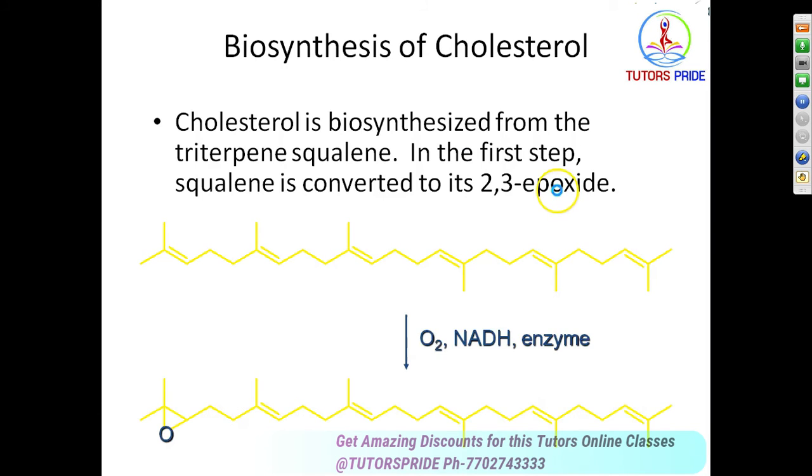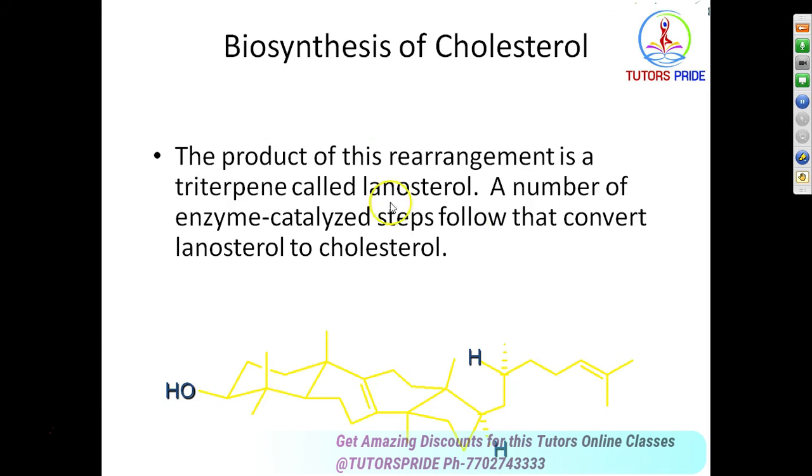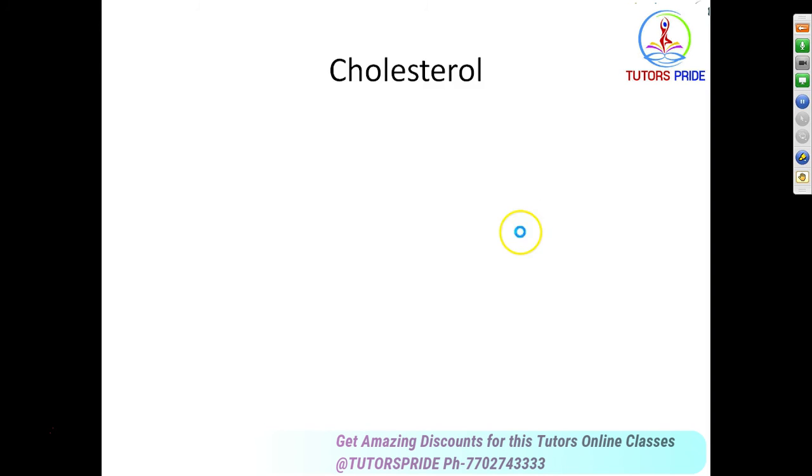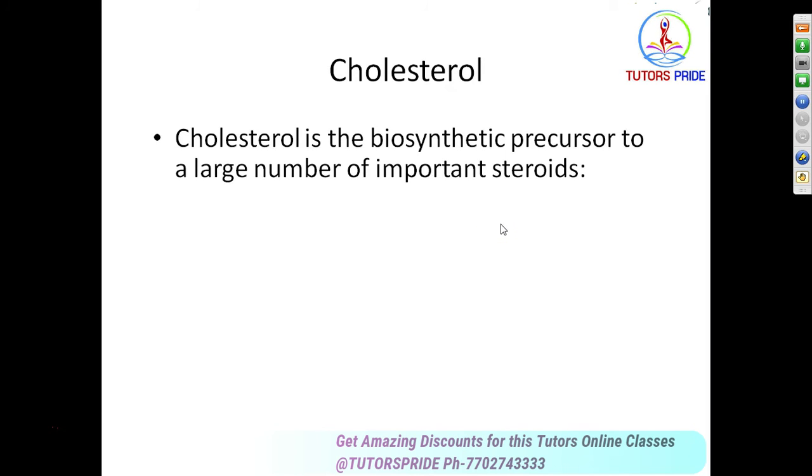Biosynthesis of cholesterol, I already told you how it is synthesized from this molecule. This you don't need. What is required is how other steroids are synthesized from cholesterol.